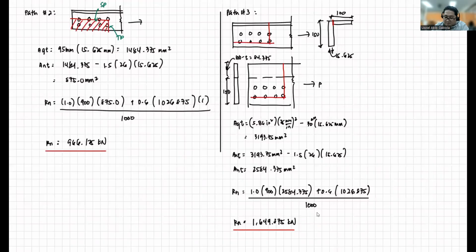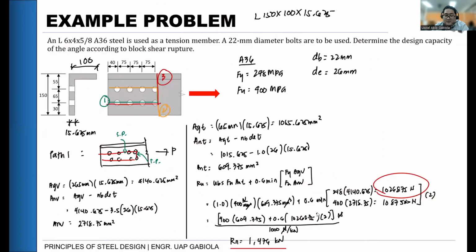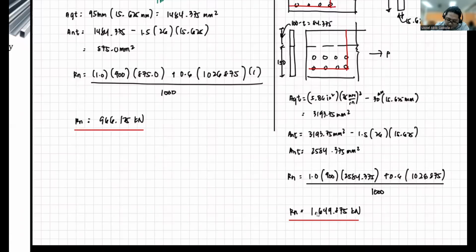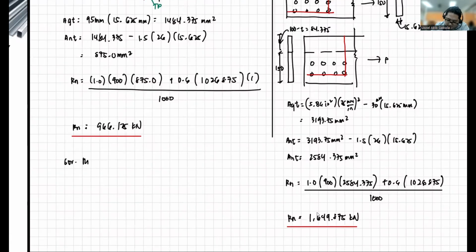And comparing path 1, path 2, and path 3, we have for path 1, that is 1,400. Path 2 is 966. And path 3 is 1,649. Ang governing natin na Rn is therefore the smallest of them three. So that is 966.125 kilonewton.